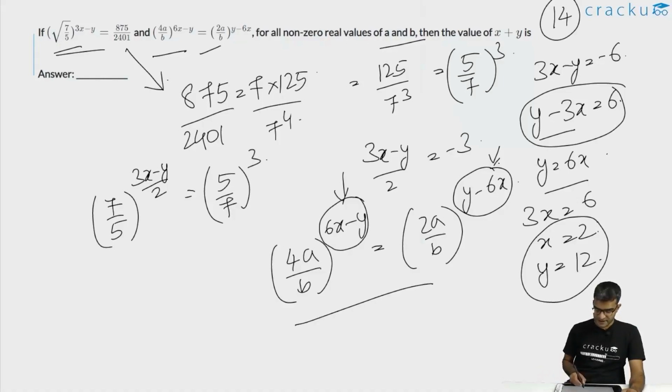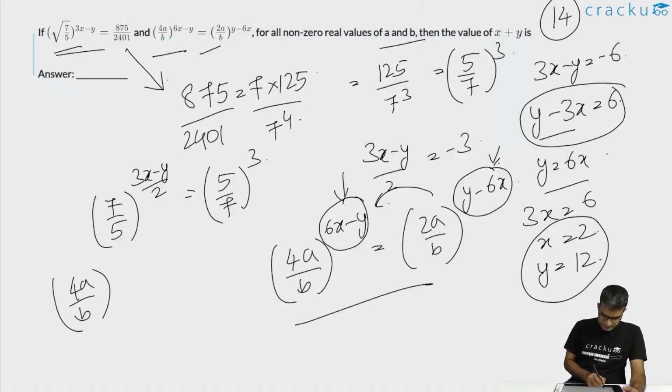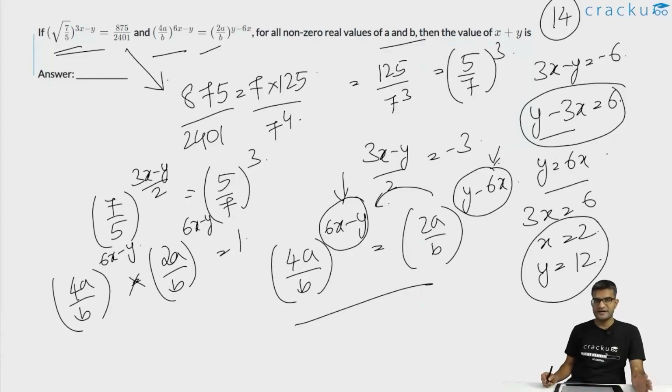If you are wondering why (4a/b)^(6x − y) being equal to (2a/b)^(y − 6x) should imply that y is equal to 6x, you can bring both of them to the other side. (4a/b)^(6x − y) into (2a/b)^(6x − y) is equal to 1 for all values of a and b.